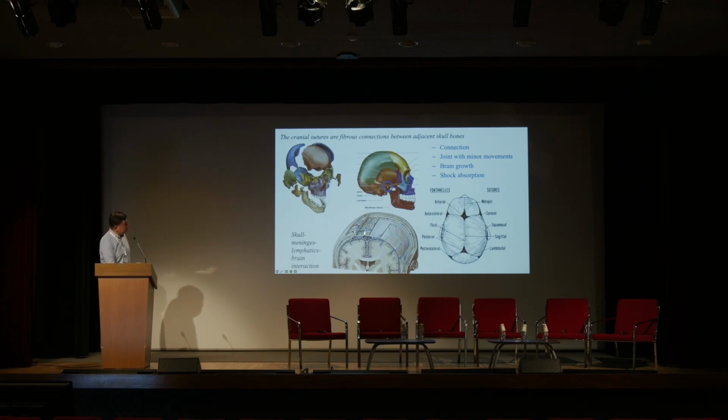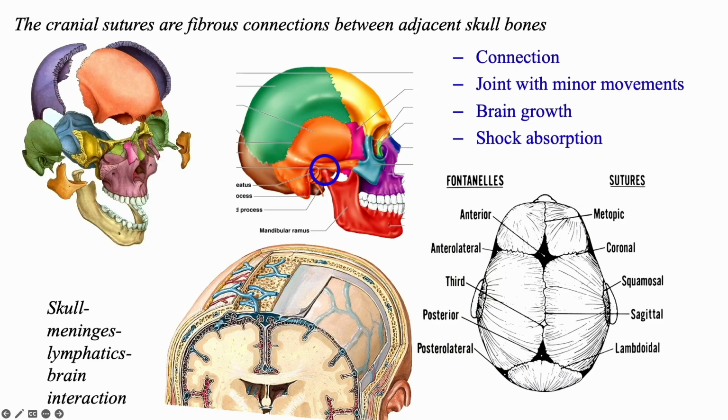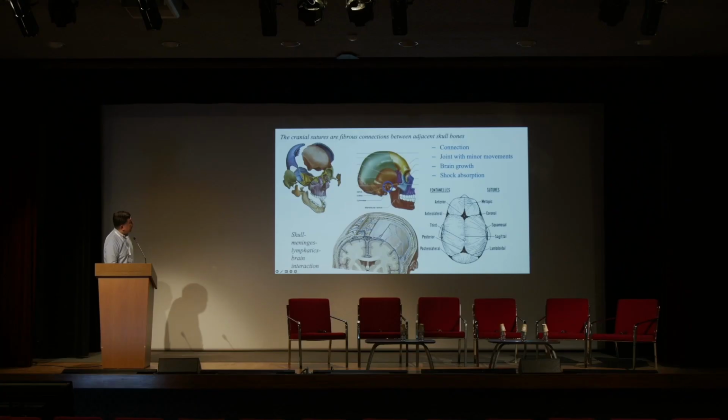What is less appreciated is, if you look at a cross-section, here's the calvarial bone, and here are the meninges: the dura, the arachnoid, and the pia mater, and then the brain. Within the meninges, I will highlight the lymphatic system, how it helps to mediate waste clearance, and how that is influenced by the stem cells in the cranial suture.